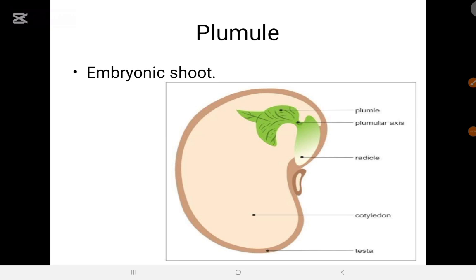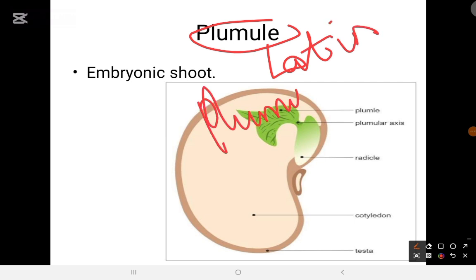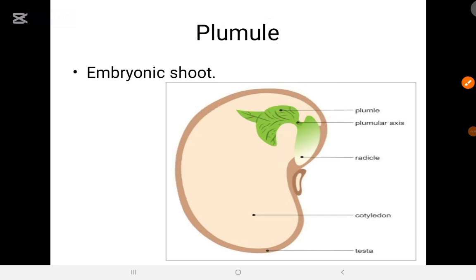Now we have the plumule. The plumule also has a Latin origin, plumula, which is the diminutive of pluma, and this means feather or feather-like. Now, the plumule is what forms the shoot, so we call it the embryonic shoot. It is the part that will first develop into the stem and leaves.